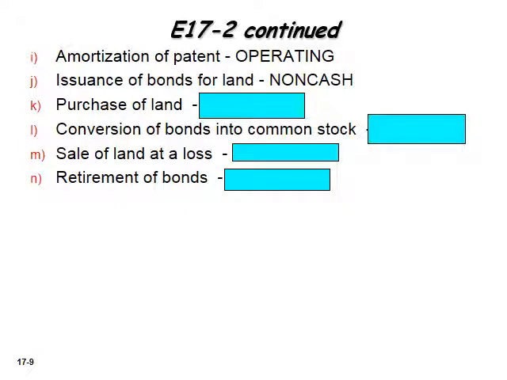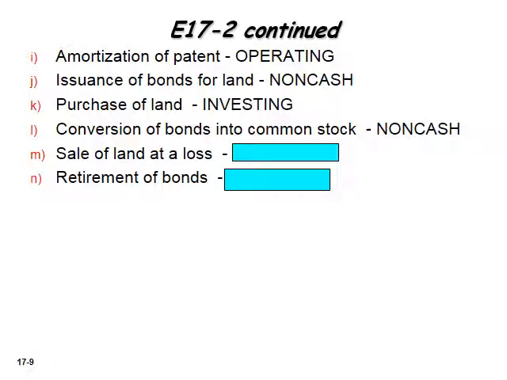Purchase of land, so assuming for cash, this would be an investing activity. Conversion of bonds into common stock. So we're giving up bonds, which is a financing activity, for common stock, which would have been a financing activity, but there's no cash here. So this is a non-cash activity, but it's important. So we're exchanging one financing instrument for another financing instrument.